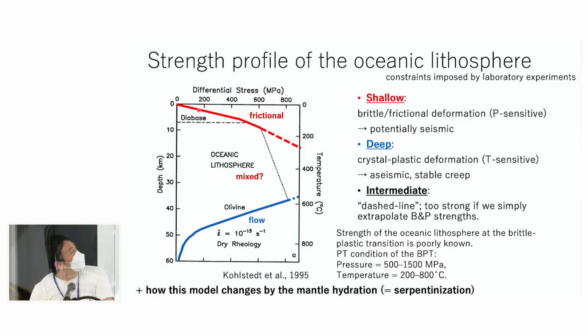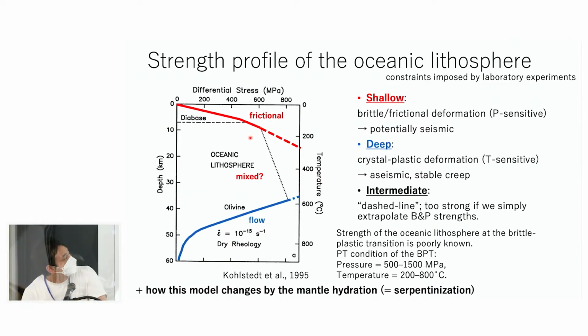If you extrapolate the frictional or brittle or seismic strength this way, and extrapolate the flow, the high temperature deformation strength, to here, this line will meet somewhere around here, right? So it's over 1 GPa differential stress. It's too strong to deform the plate. So in the Earth, there must be a mechanism to weaken the plate.